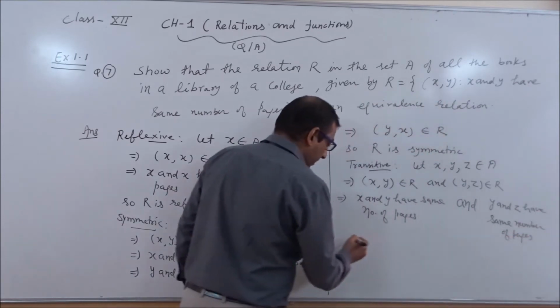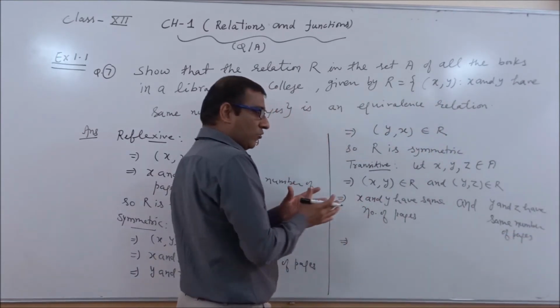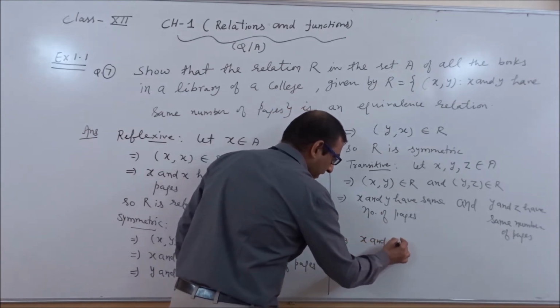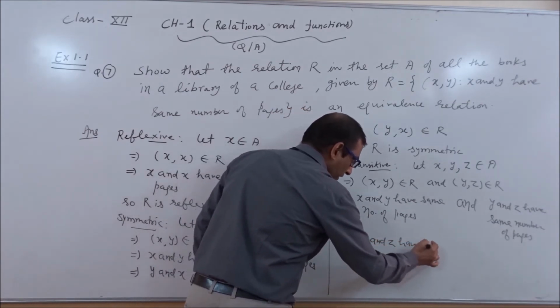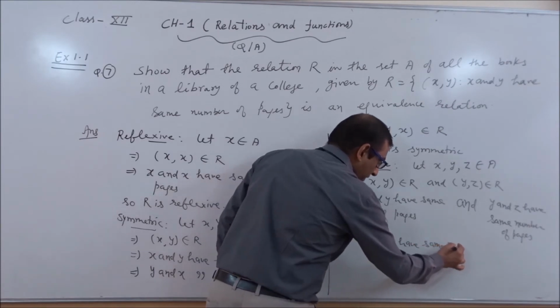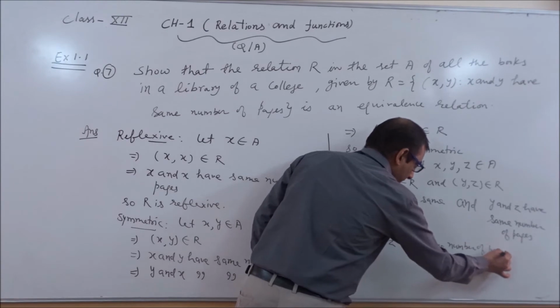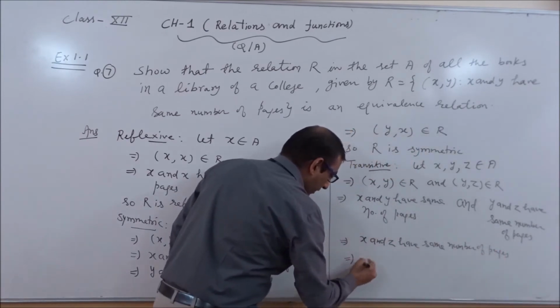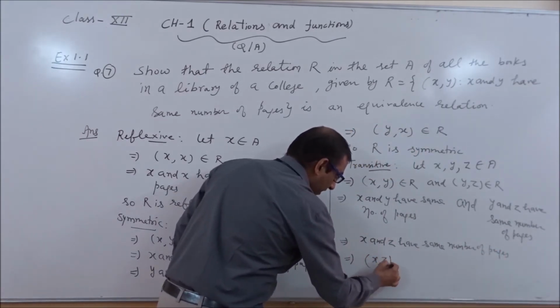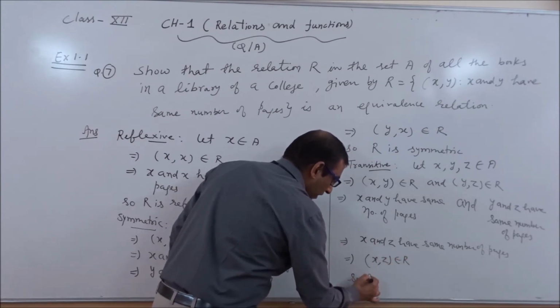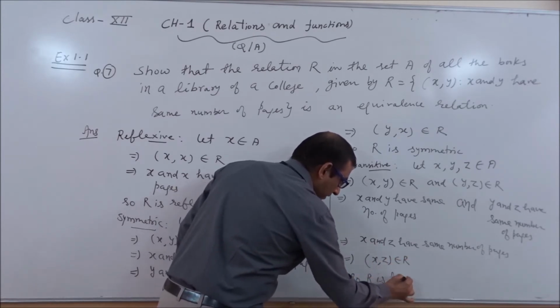It means when we combine these two, X and Z have the same number of pages, so (X, Z) also belongs to R, so R is transitive.